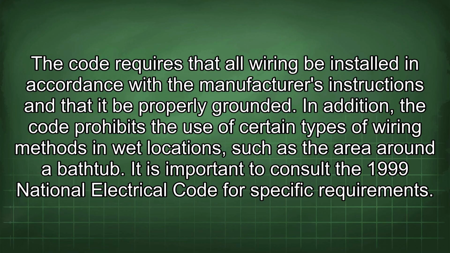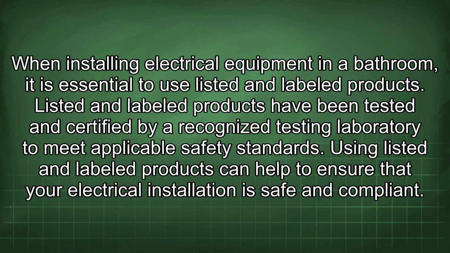It is important to consult the 1999 National Electrical Code for specific requirements. When installing electrical equipment in a bathroom, it is essential to use listed and labeled products. Listed and labeled products have been tested and certified by a recognized testing laboratory to meet applicable safety standards. Using listed and labeled products can help to ensure that your electrical installation is safe and compliant.